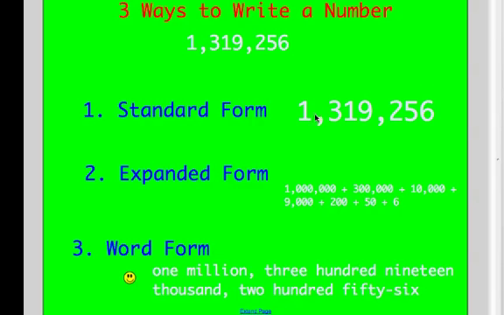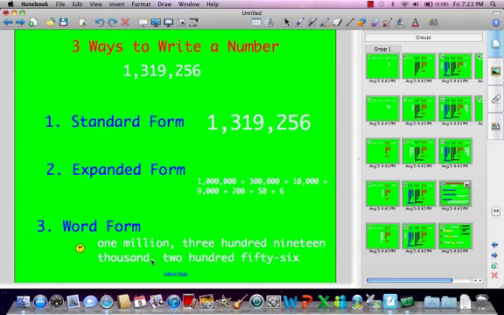In standard form, when we have different place values, we mark that with commas. It's no different in word form. You can see at the 1 million point we have a comma, and then right after the 1,000 point we have a comma. That's no different in word form, so don't forget that. And also the hyphen, anytime a number ends in ty, so 20, 30, 40, 50, 60, 70, 80, 90, you put a hyphen after it if there's another number.